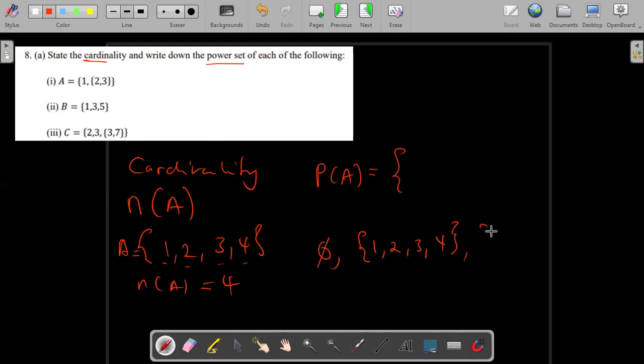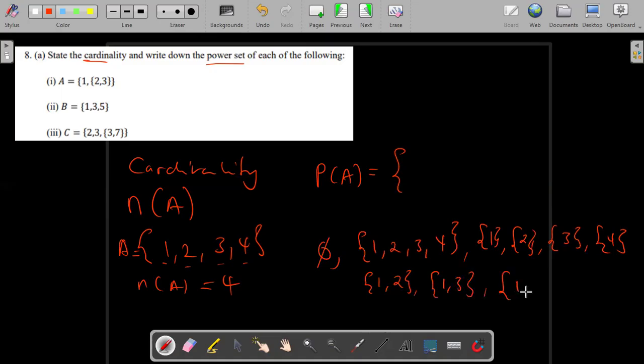Then sets containing just 1 itself, 2 itself, 3 itself, 4 itself, and I have the set containing 1 and 2, 1 and 3, then 1 and 4. Okay, I'll end here. There are going to be a lot.